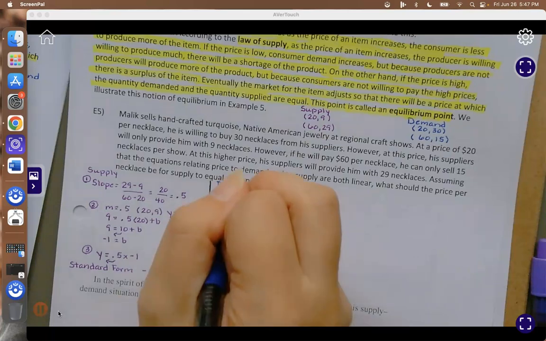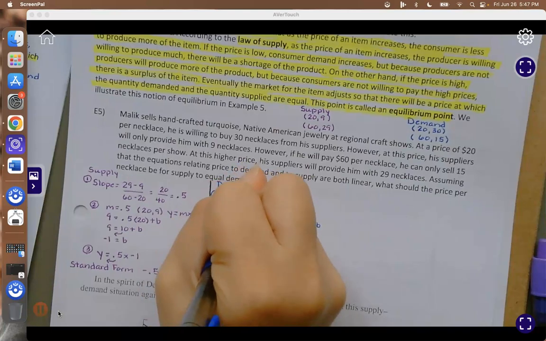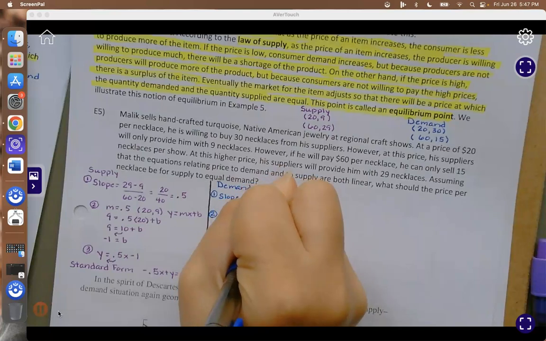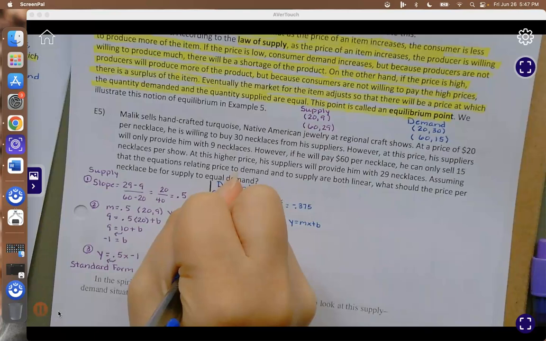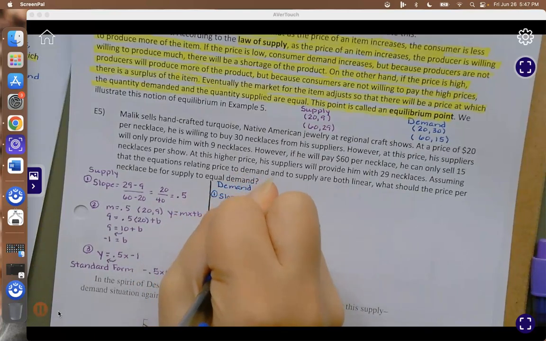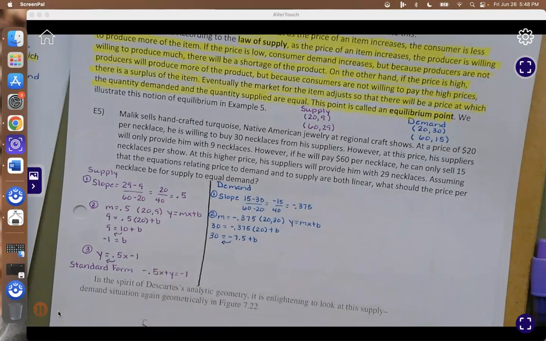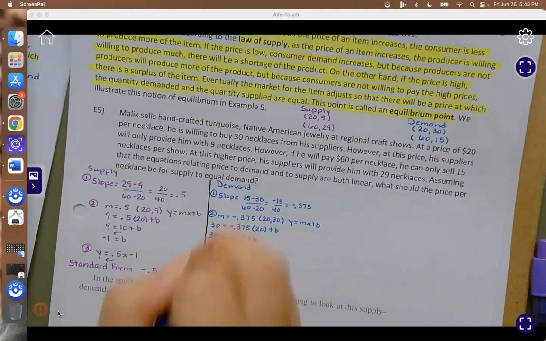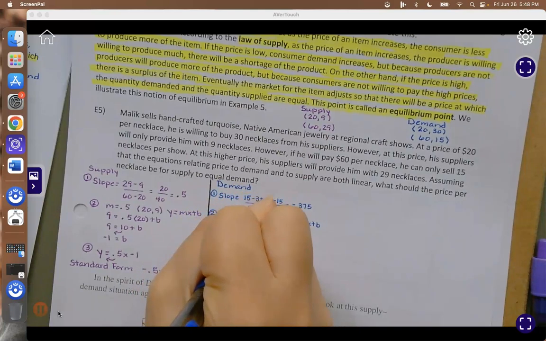Okay, so we have 30 equals -0.375 times 20 plus b. So this is 30 equals -7.5 plus b. We move this over because we multiplied that, and that's what you get. So this gives me 37.5 equals b.